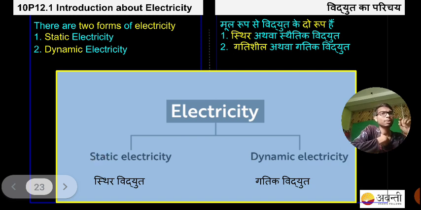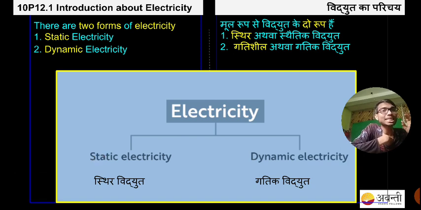In this case, what is happening? Static electricity means charges, ions, electrons are at rest. If electrons are at rest, of course, it will not work.